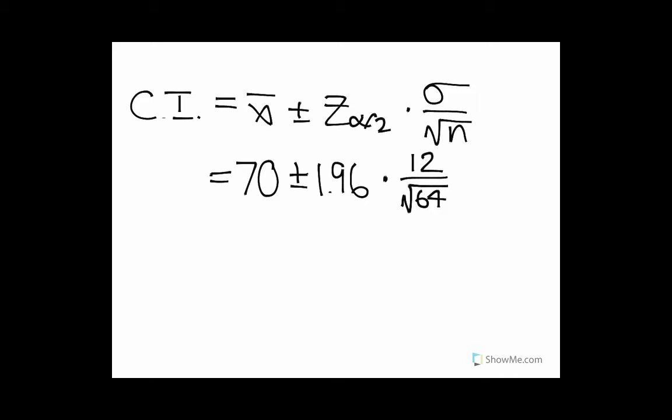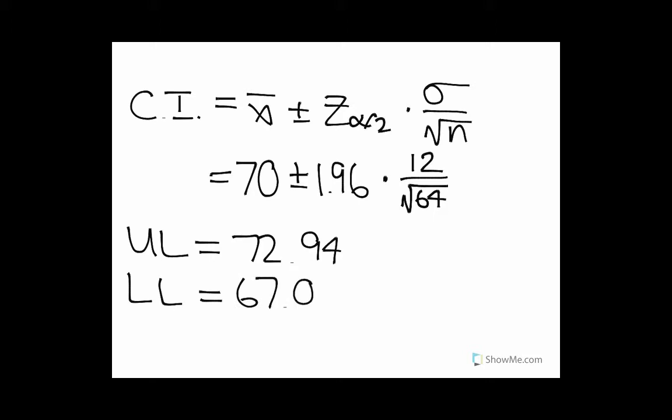If you type these into your calculator, you will get, for your upper limit, by doing the addition, 72.94, and for your lower limit, you will get 67.06.